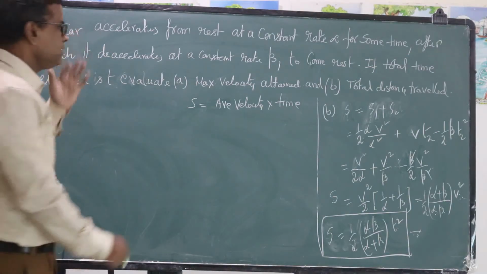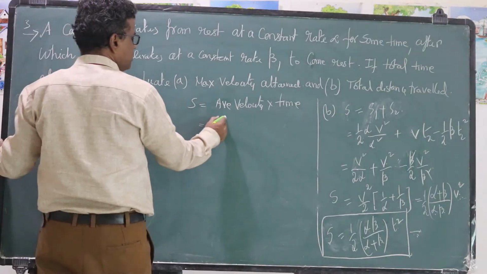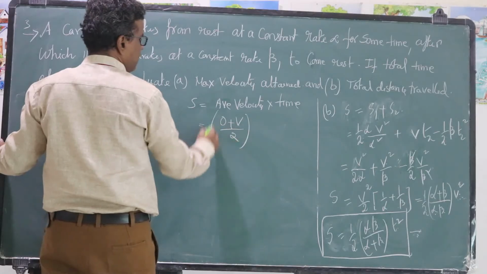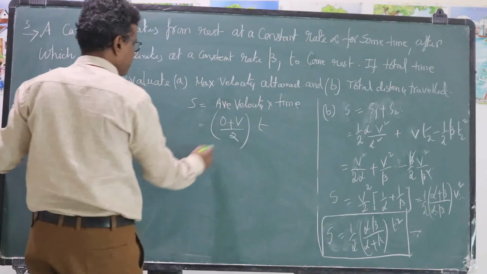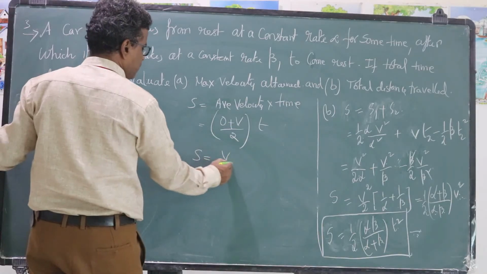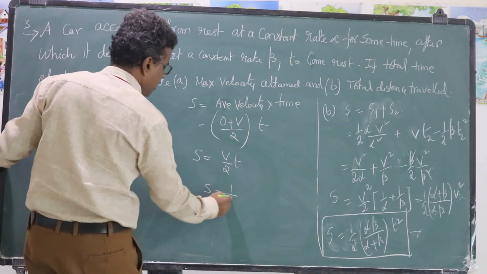So the average is maximum plus minimum by 2. Minimum is 0, maximum is v, so v by 2. S is equal to v by 2 into t. What is v?